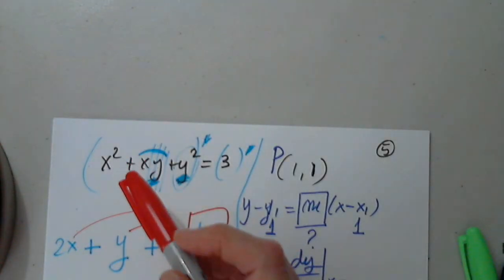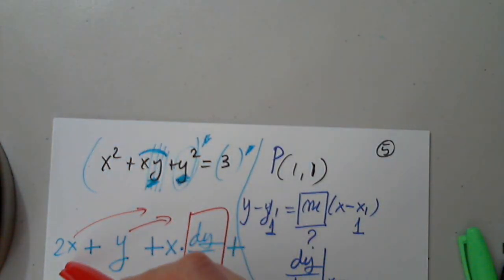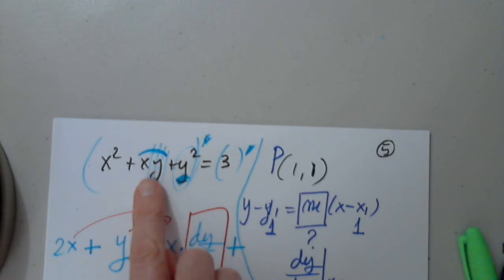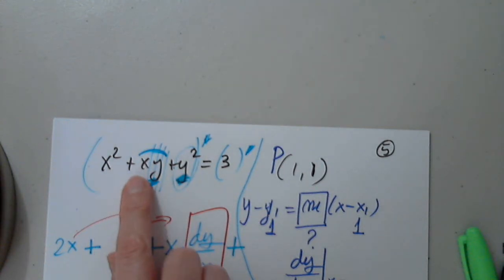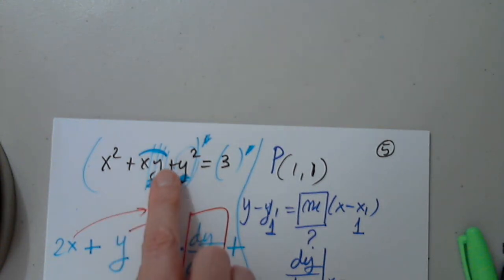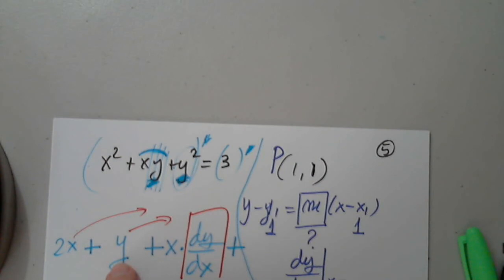So let's do this again. So x squared prime is this. I have to differentiate as the product rule. Product rule: first function prime times the second function. I have to copy.